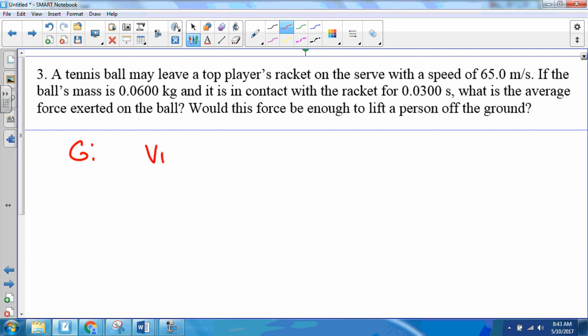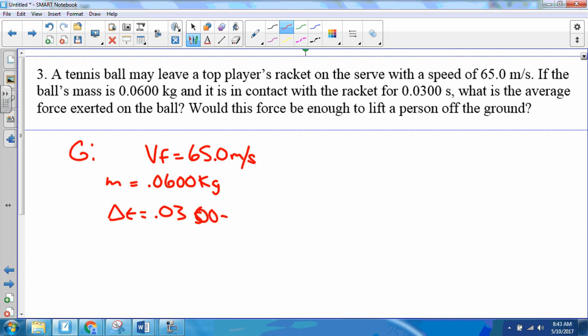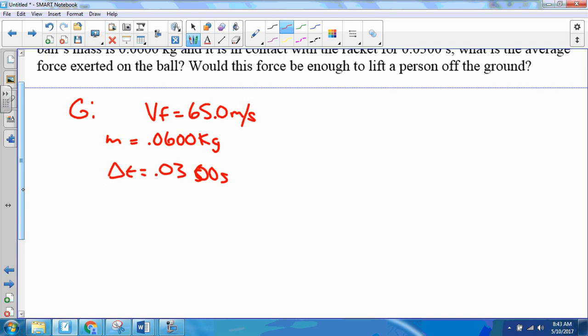So we're looking at a v final after we hit the ball of 65.0 meters per second. If the ball's mass is 0.0600 kilograms, that's the mass, and it is in contact with the racket for 0.03 seconds, what is the average force exerted on the ball? Will this force be enough to lift a person off the ground?